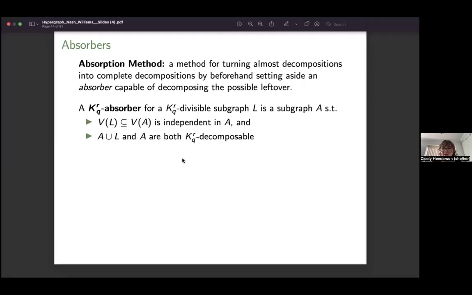If in our almost decomposition, L is left out of the almost decomposition, well, that's totally fine. We can take the union of A and L and decompose those together. Excellent. But if instead L is included in the almost decomposition, well, that's totally fine too. A is capable of decomposing itself.